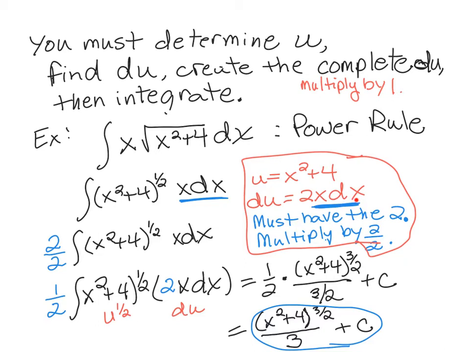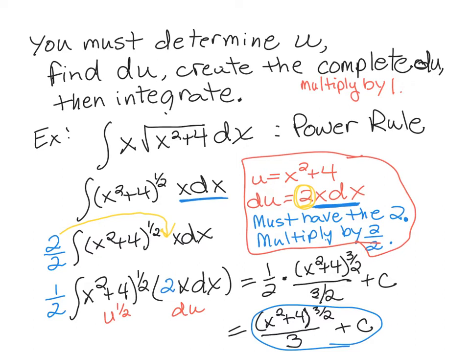The only part missing is the 2. So I have the 2 missing, and so I'm going to multiply by 2 over 2. When I multiply by 2 over 2, I'm going to take that top guy and multiply him right here to give myself 2x dx.